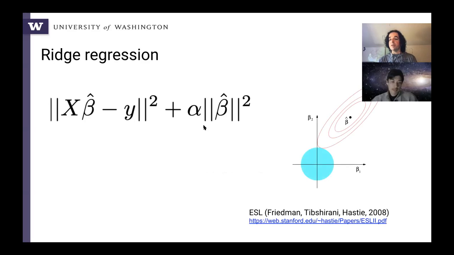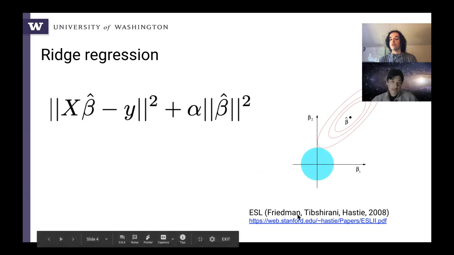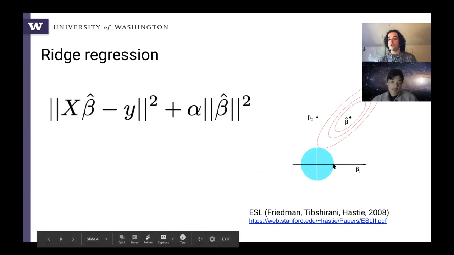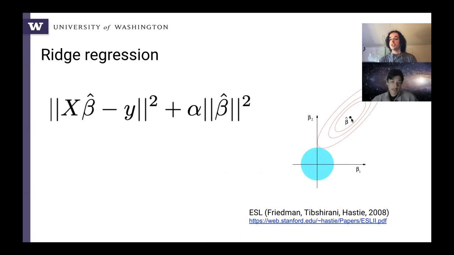One way to think about ridge regression is by looking at this graphical description from this book by Friedman, Tibshirani, and Hastie. In this setting, we only look at two coefficients, beta 1 and beta 2. Let's say that the ordinary least squares solution is this beta hat up here. These contour lines in red describe the error. Here we found the solution that minimizes the squared error given the data that we're looking at.